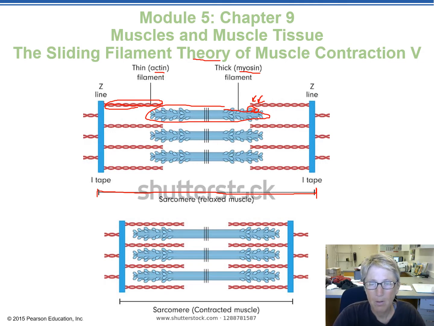The top part of the cartoon shows a sarcomere at rest, and the bottom part shows a sarcomere in a contracted muscle. You can see the two Z lines have moved closer to each other. The cartoon doesn't show it because it's not a video, but the myosin heads have walked along the myosin head binding sites on actin, thereby pulling the two Z lines closer together.